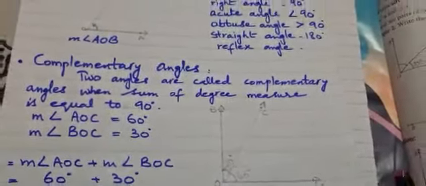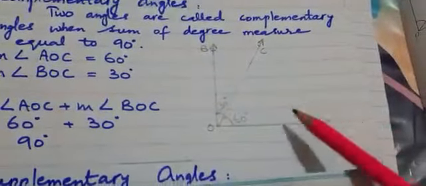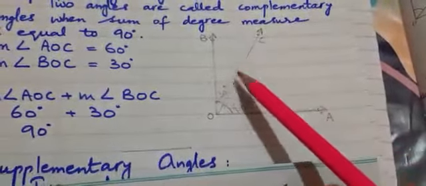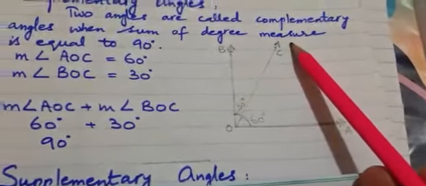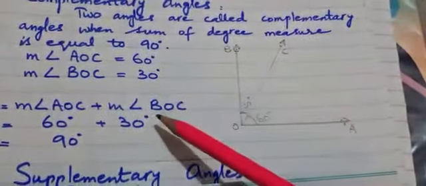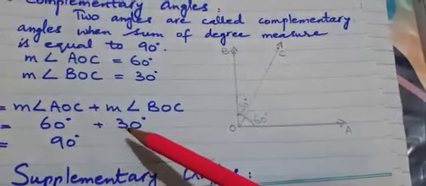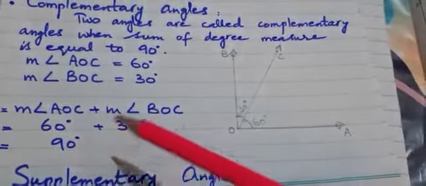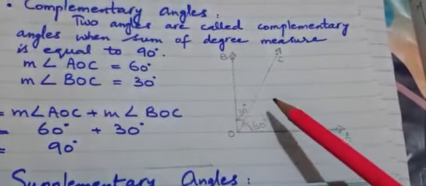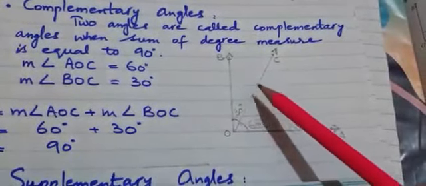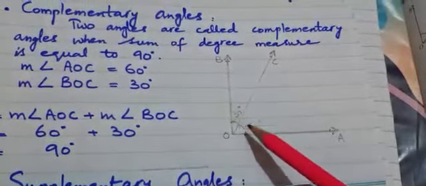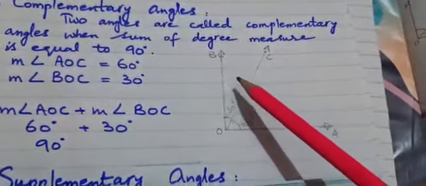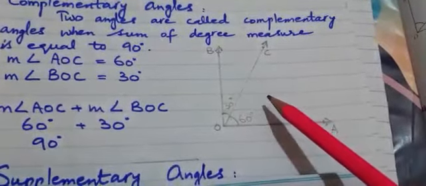See, angle AOC and angle BOC. Alright, and the sum of their measures is 60 plus 30, which is 90 degrees. So you can see that these two angles make a sum of measure which is 90 degrees. And these types of angles are also called adjacent angles.